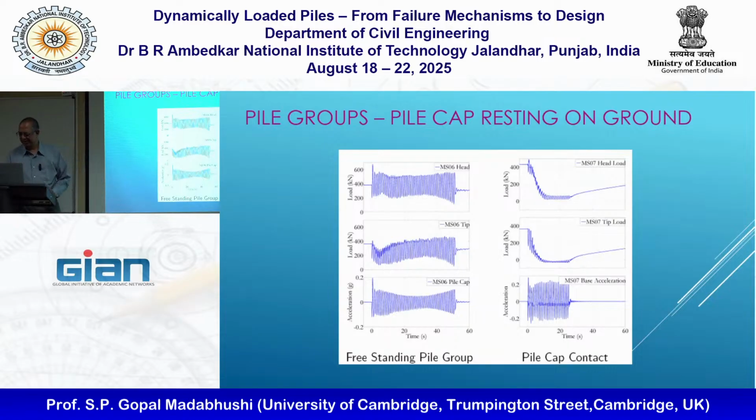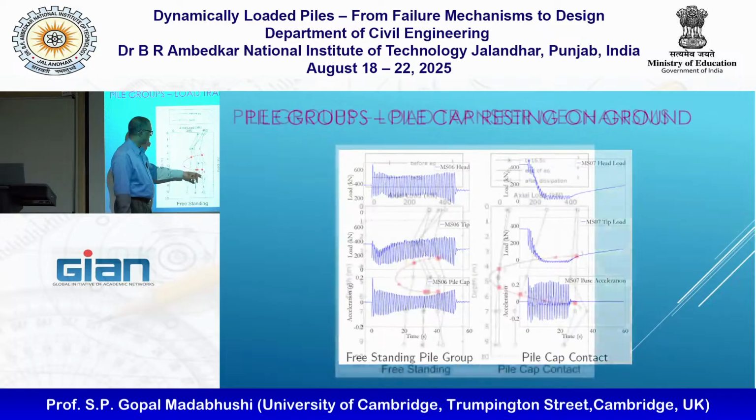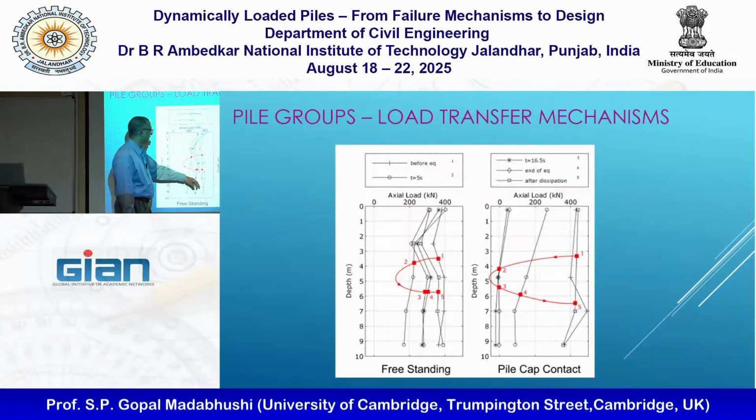So, these are at the top and bottom of the pile, but we also have data for different locations within the pile. And that's what I'm plotting here. So we got axial load measurements at different locations using strain gauges.